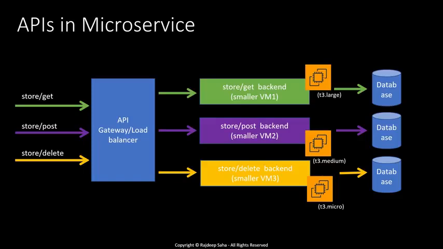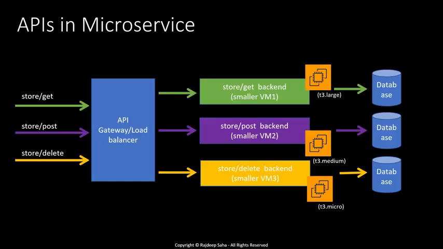So we are going to talk about the characteristics of microservices, but remember that it is not all or nothing approach. In real world enterprise projects, you fulfill some characteristics of microservice that makes your business agile and makes your life easier, but it doesn't need to check all the boxes.